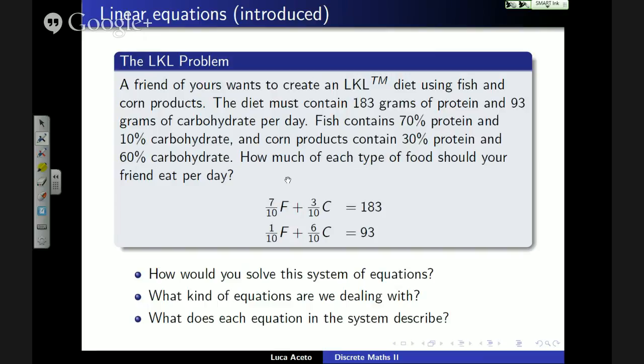And you set up the equation that says, okay, 70% protein from the fish, 3% proteins from the carbohydrates should sum up to 183. Which is the amount of proteins that I need, or you need. I don't. According to my son, I would need several thousands of grams of proteins, but that's another matter.